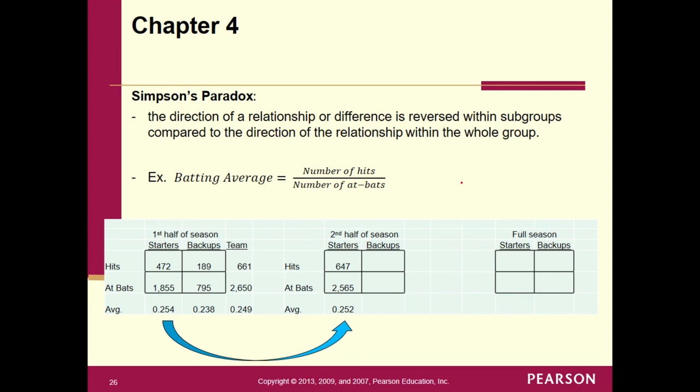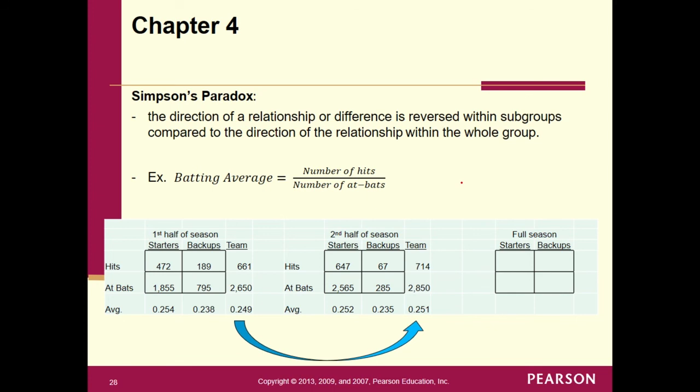The backups went down from 238 down to 235. So you're saying to yourself, okay, the starters went down, the backups went down. Of course, the team went up. Yes, it actually goes up. It went from 249 up to 251.